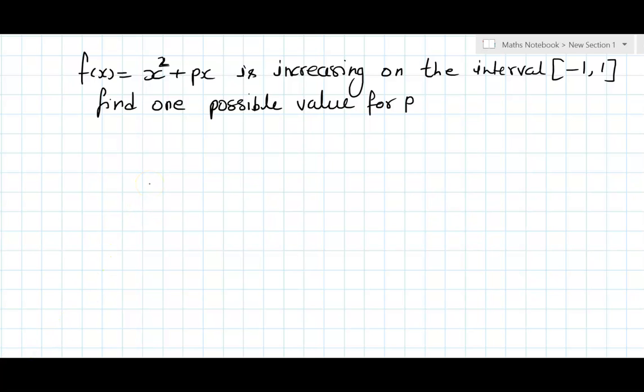So here is the question: f(x) = x squared plus px is increasing on the interval -1 to 1. Find one possible value for p. Okay, please try to solve and then let me know what your answer is.